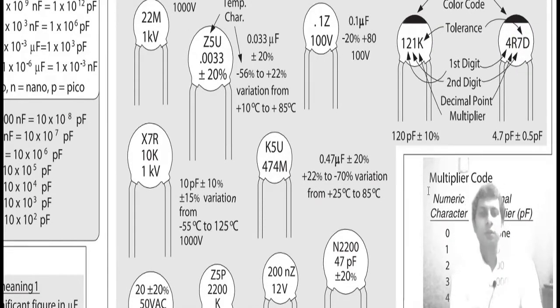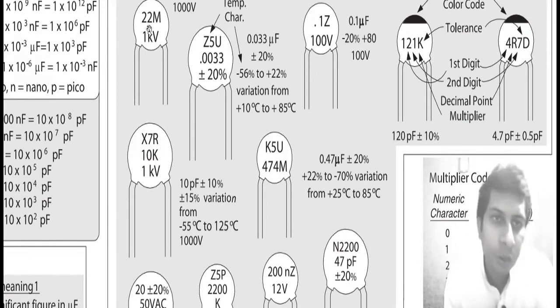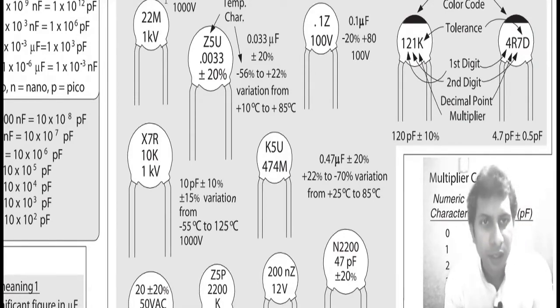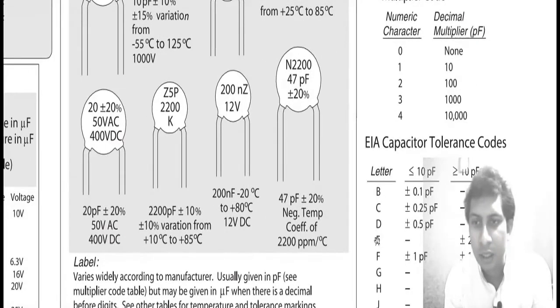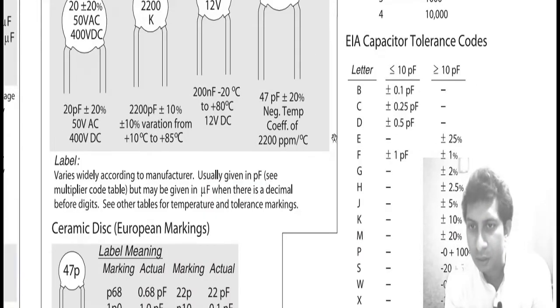Okay, so for this example, 22 means two digits and P means picofarad, and M stands for plus minus 20% tolerance. Tolerance is represented by these letters, and the value is like this.